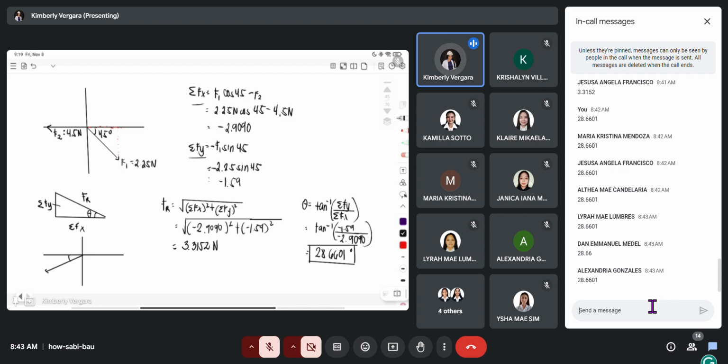And then, ito po yung ating 28.6601 degrees. And then, siya po ay 3.3152 Newton. Okay, naintindihan po?